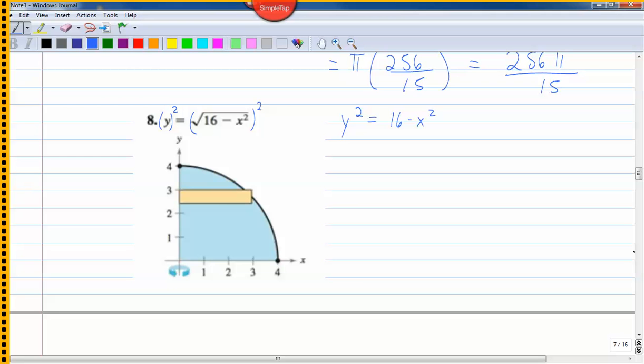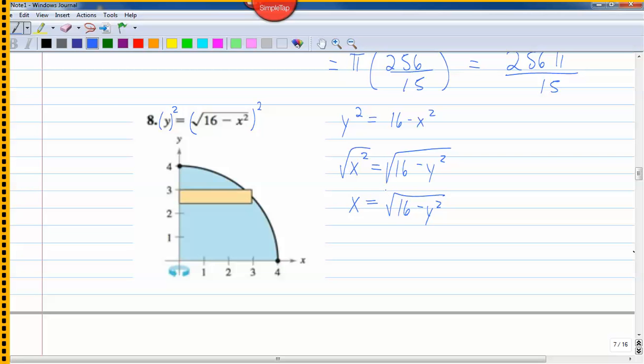So now I want x equals, so if I move this x squared over and I move this y squared over, I'd have x squared equals 16 minus y squared. And then to solve for x, I take the square root of both sides. So I have x equals square root of 16 minus y squared.